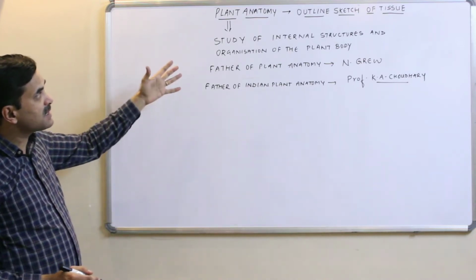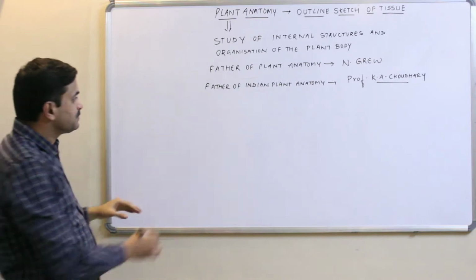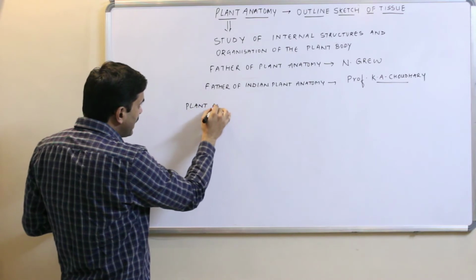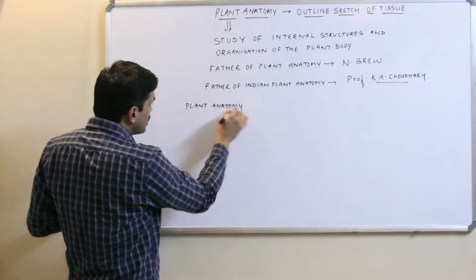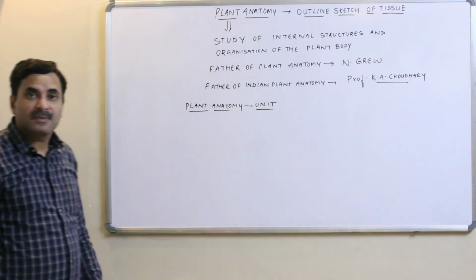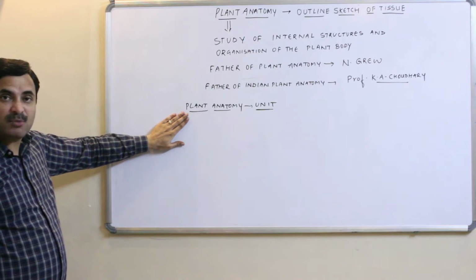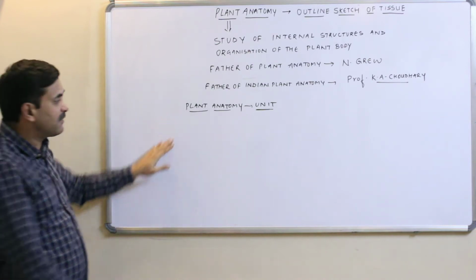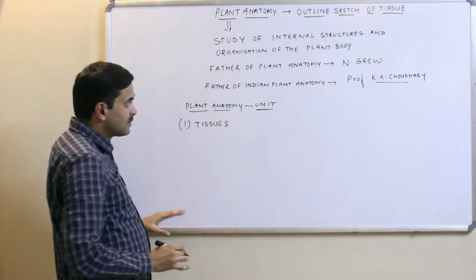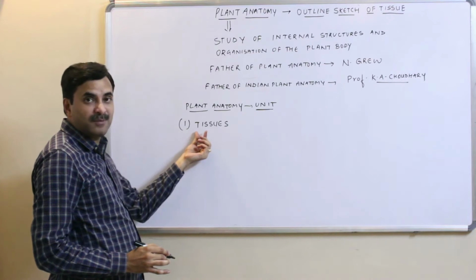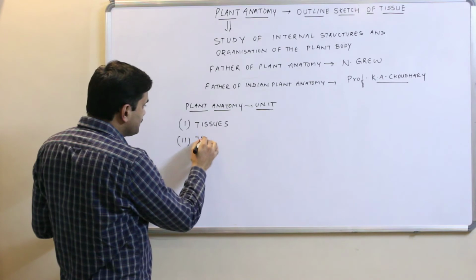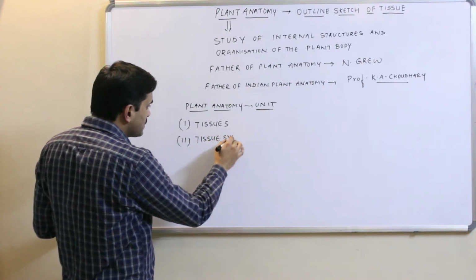Now, whenever we discuss plant anatomy, we study this plant anatomy unit under 4 chapters in a systematic way. Number 1 is tissues. Though the name is small, it is a big chapter. Second is tissue systems.